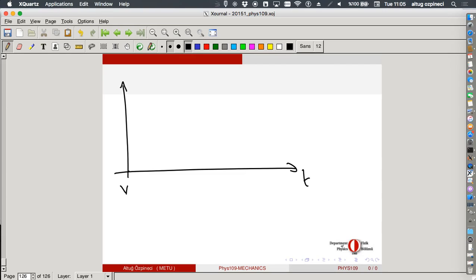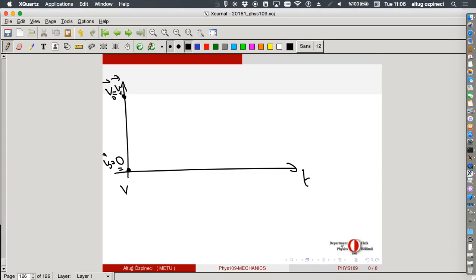Now what will be their behavior? This is V0, let's say V0 is equal to V1, and in this case V0 is equal to 0.